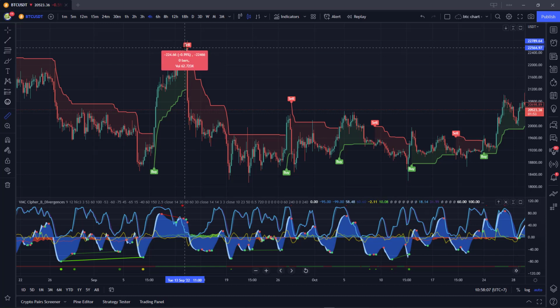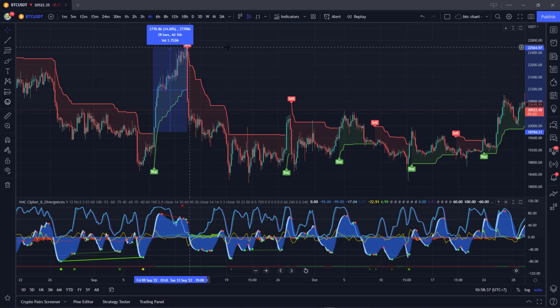That would take you down to about there, which is 22,564. Now then, if we measure from 22,564, about there. That would have been around 14%.